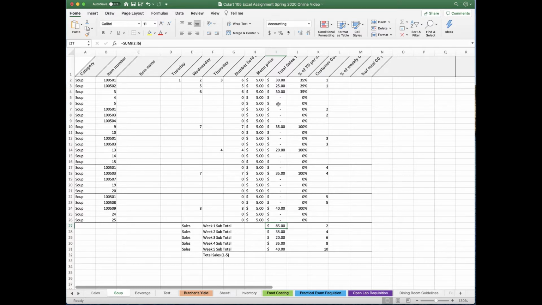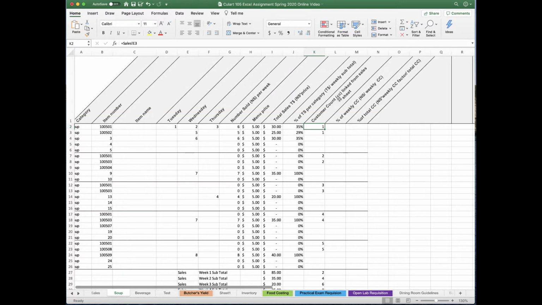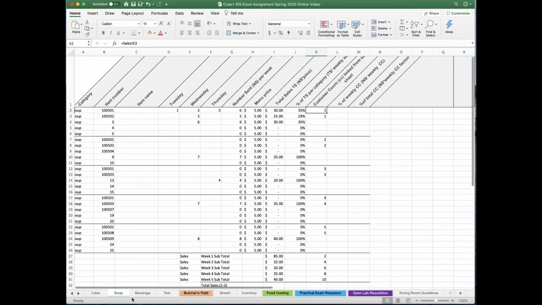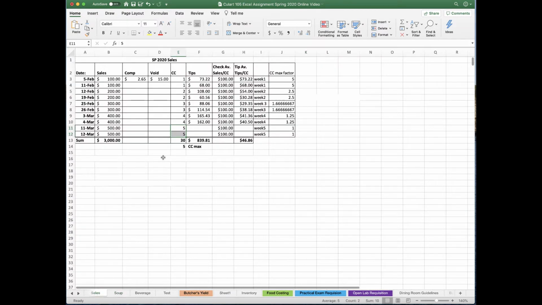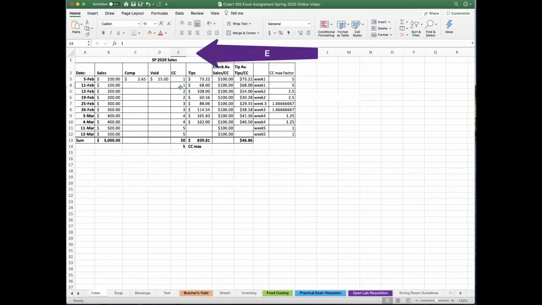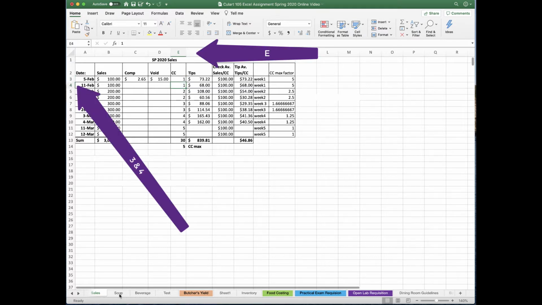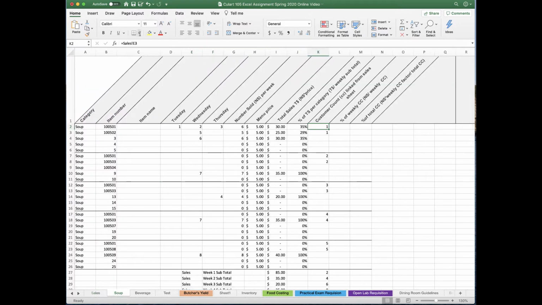And then customer count is linked from the sales sheet. So if you remember that, we linked it going over to the sales sheet. So these numbers, which is E3 and E4, if I go over to the soup, it says it comes from the sales sheet E3 and E4.